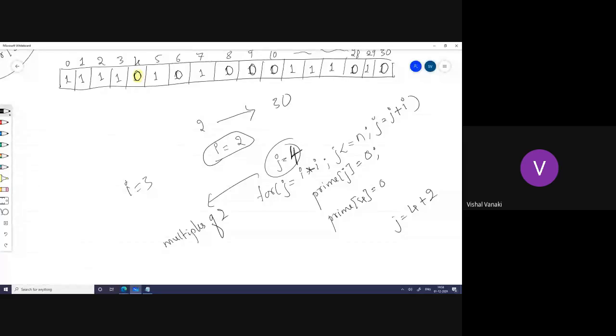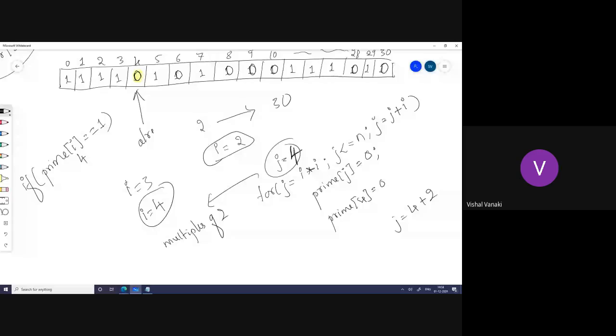Now there is one condition I have written before removing multiples, that is prime of I is equal to 1. Why I have written this condition is, when I value becomes 4, prime of 4 is already 0, correct?